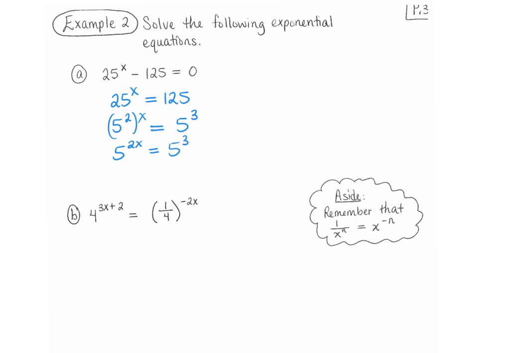Now what can you tell me? The bases are the same, so 2x equals 3. Good. 2x equals 3 because we know exponential functions are what? One to one. Good. We go from that step to that last step because exponential functions are one to one.